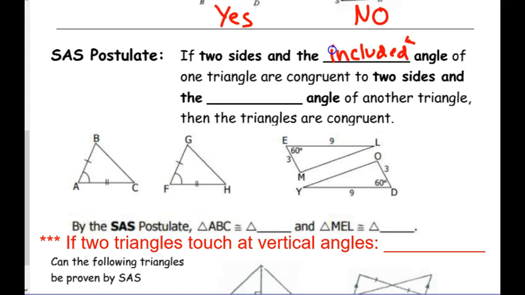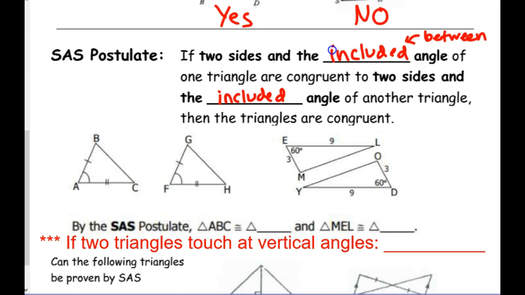And included just means between. Okay? Two sides and the included angle, the angle between them, of one triangle are congruent to two sides and the included angle of another triangle, then the triangles are congruent.